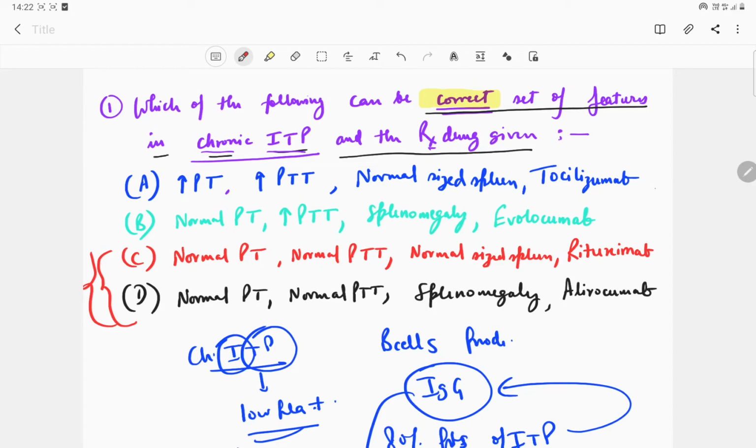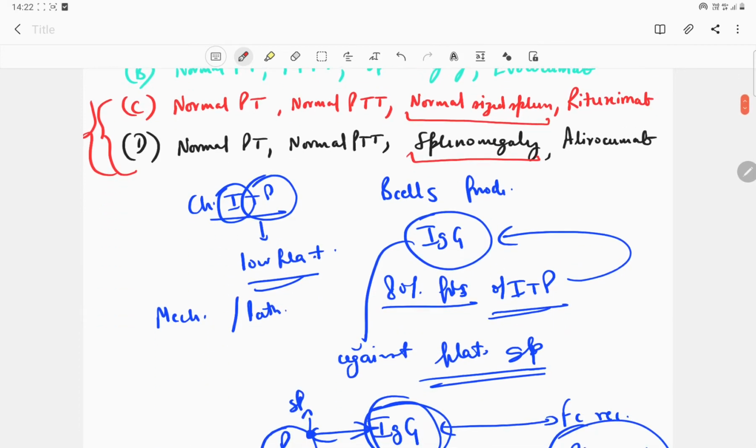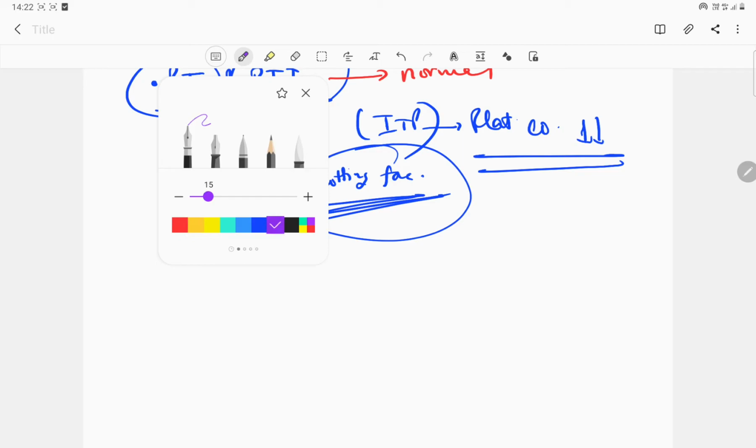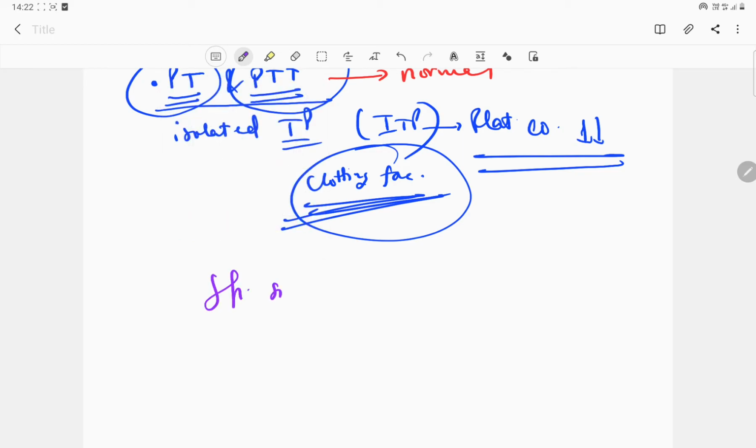The next thing is we would see if the spleen size is normal or increased in immunothrombocytopenia. The spleen size is normal in ITP.